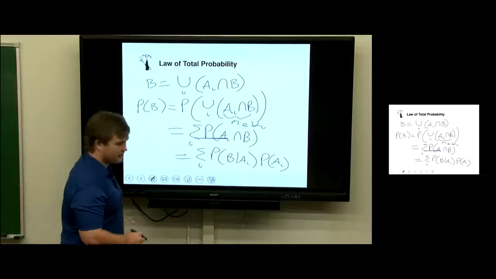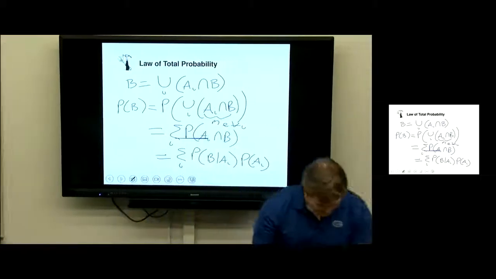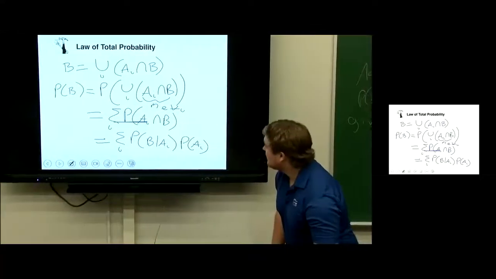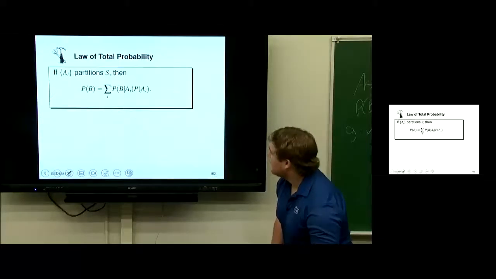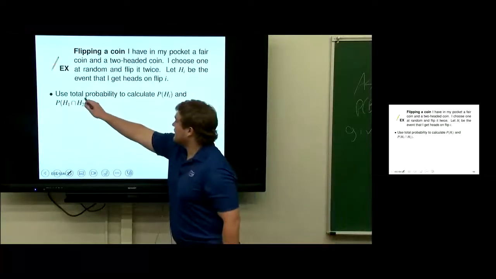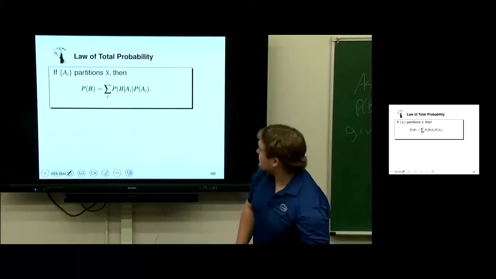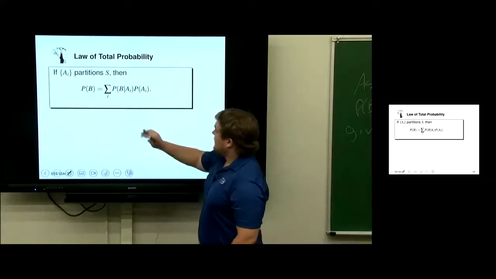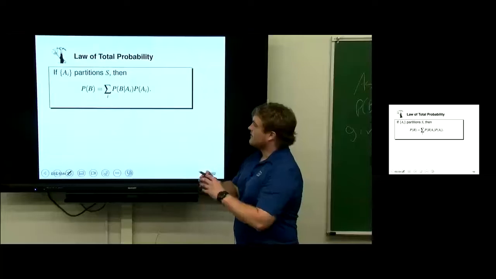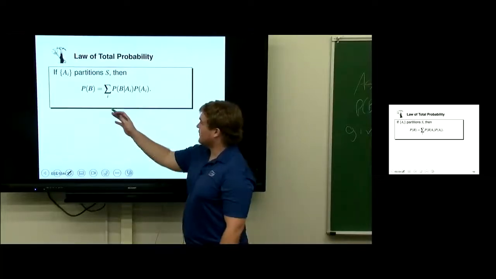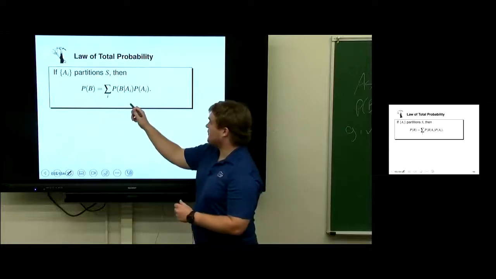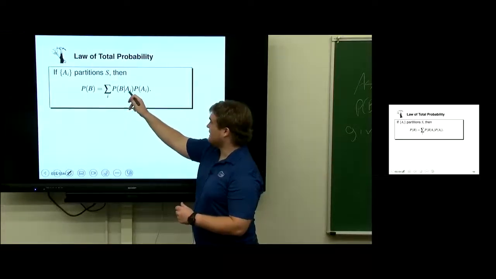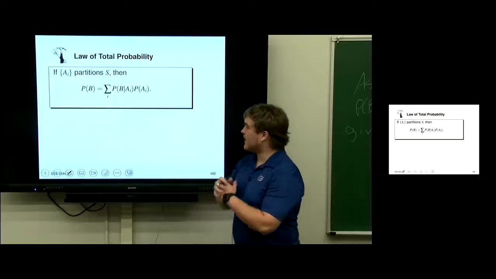I just derived for you the law of total probability, which is shown right here. Oh, that's the same equation. So if A sub I partitions S, then we can derive this formula: the probability of an event B is equal to the sum over all I of the probability of B given A sub I times the probability of A sub I.